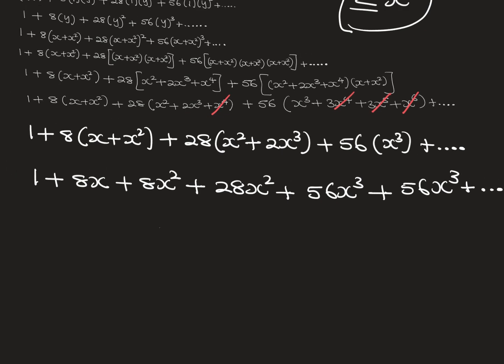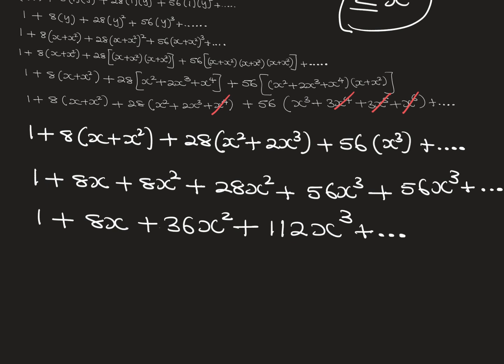So if I simplify further, I would have 1 plus 8x, 8x squared plus 28x squared is 36x squared, plus 56x to the power 3 plus 56x to the power 3 is 112x to the power 3, plus continuous. So this is the answer for this expansion.